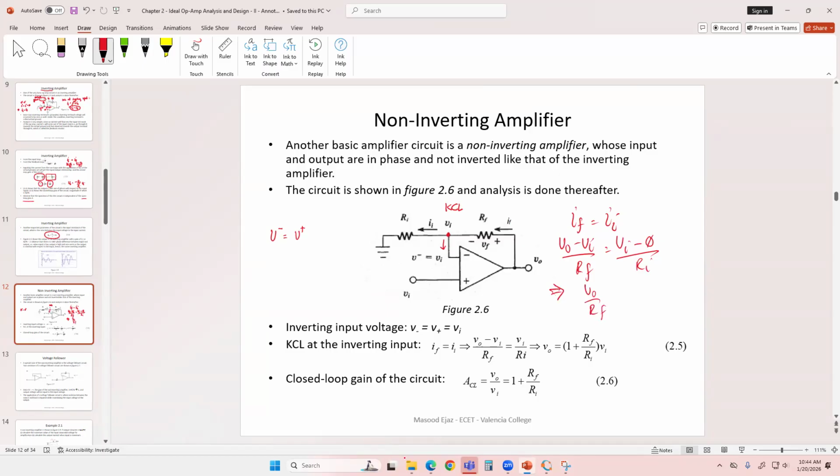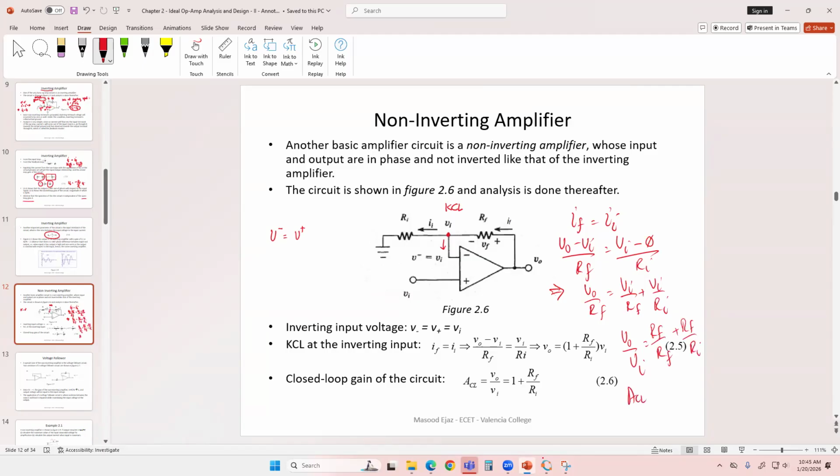And since there are two Vi terms, I'm going to take this Vi term to the other side: Vi over Rf plus Vi over Ri. And then I can write down V out over Vi, taking Rf to the other side: Rf over Rf plus Rf over Ri.